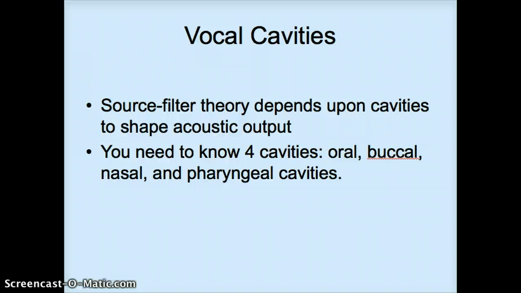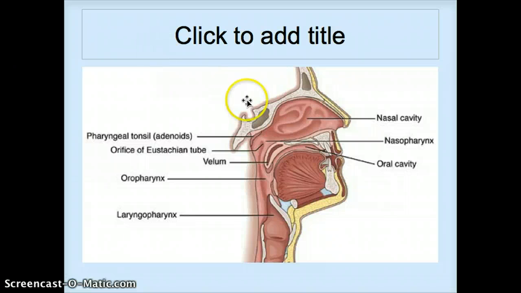So you're going to need to know 4 cavities: the oral cavity, the buccal cavity, the nasal, and pharyngeal cavities. So all of these cavities allow us to shape the sounds. Okay, so here's the nasal cavity, here's the oral cavity, and in the back here is the pharyngeal cavity.